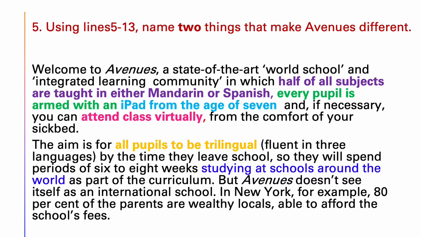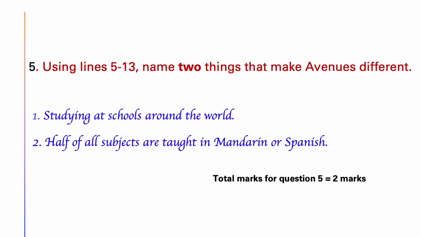Studying at schools around the world is amazing. Here as well, you need to name the things, and point form is also okay. Number 1, studying at schools around the world. Number 2, half of all subjects are taught in Mandarin or Spanish. So you are getting 2 marks for 2 things.